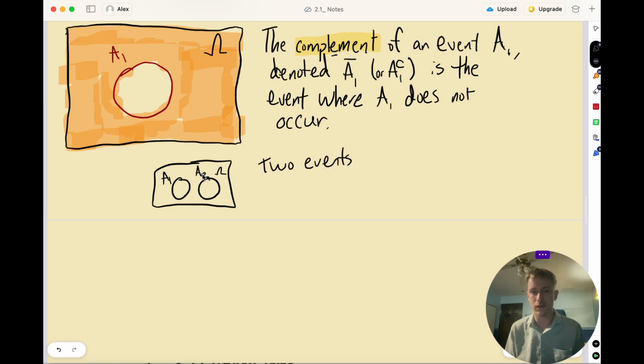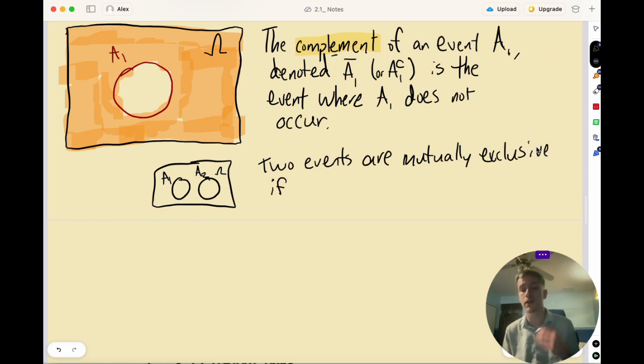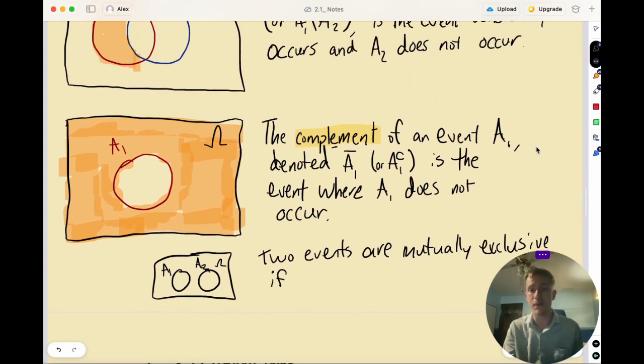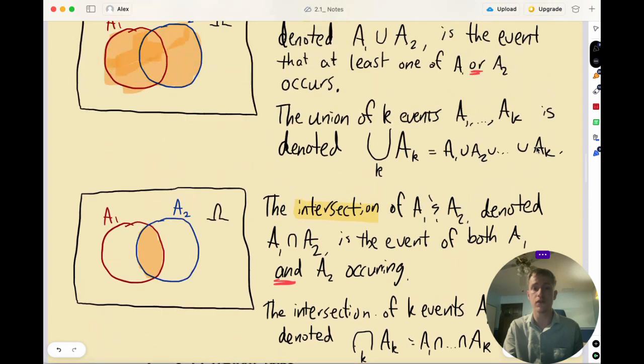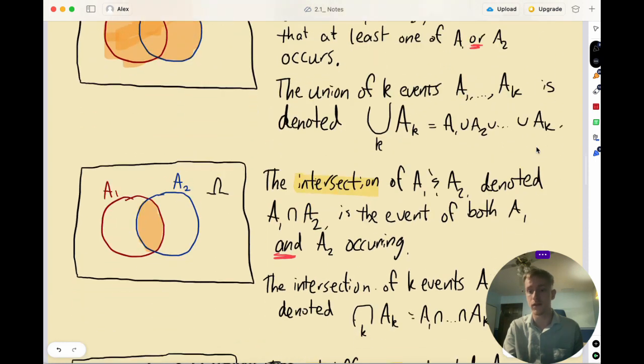Two events are mutually exclusive if they cannot occur at the same time. Or in other words, there's no overlap. Now, how can we phrase that in set theory language? There's no overlap. Would that be the complement, set difference, intersection, or union?